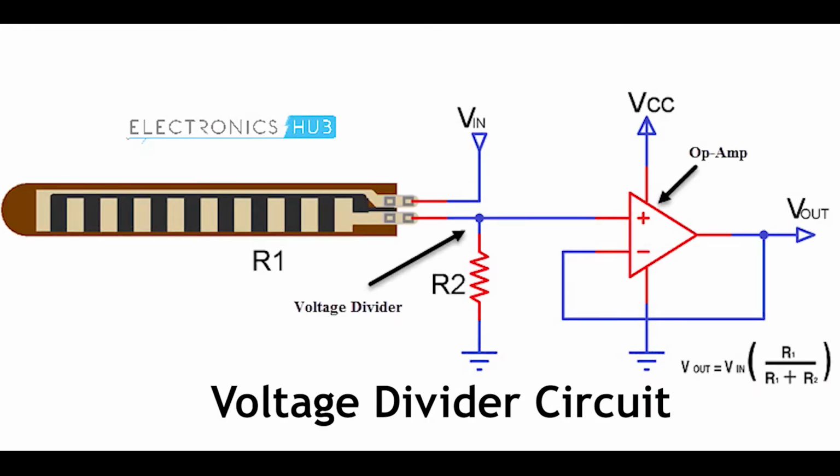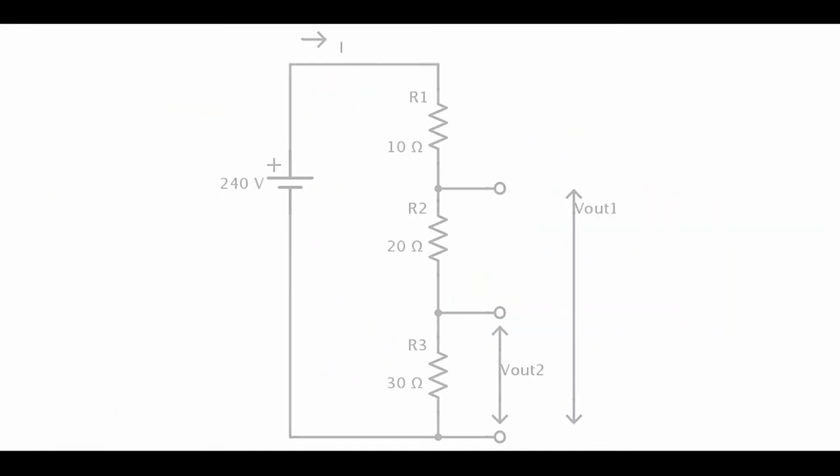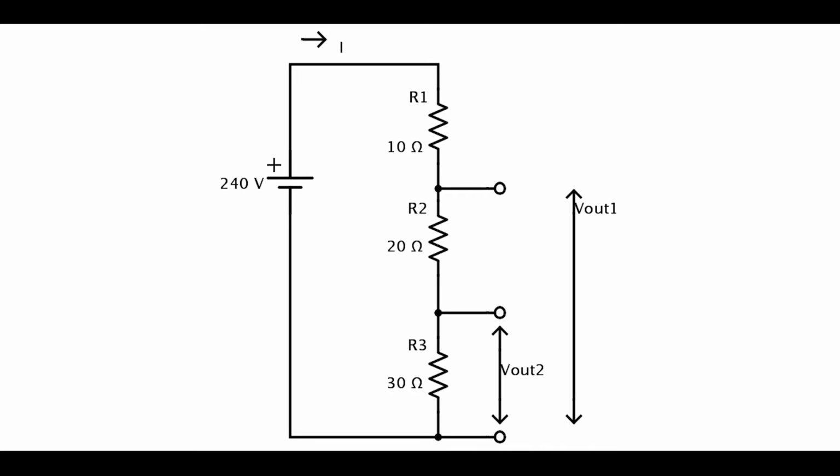The change in resistance due to the flexing of the sensor is recorded by connecting the flex sensor to a voltage divider circuit. A voltage divider is a simple circuit that converts a large voltage to a smaller voltage. The simplest voltage divider is a circuit with two resistors connected in series, as shown here.